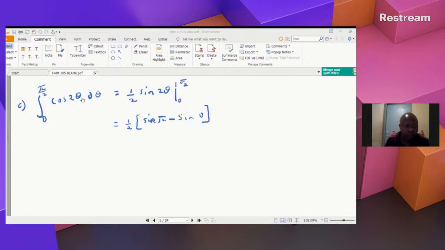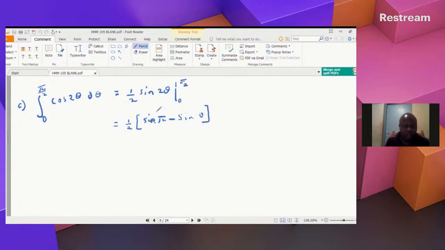So this is the question at hand. And you've seen that to do the integral of this, you take the constant here, divide by constant here. So the constant here is 1 divided by 2. Then the integral, of course, is sine 2 theta. Then these are our limits, 0 to pi out of 2. So I now put the half outside.